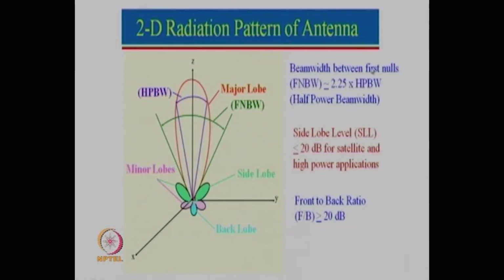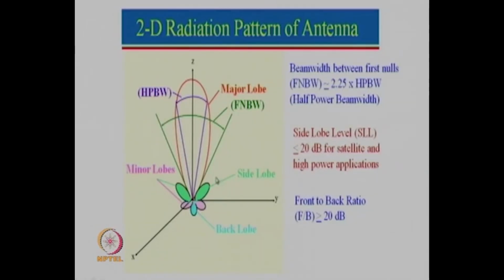In fact, beam width between first null is actually approximately given by 2.25 times half power beam width. Well, if you see, many books actually write this even further approximation, which is 2 times half power beam width, but I have seen and checked with many antennas, and we have found that this relation is actually better than using a relation of 2 times this one here.